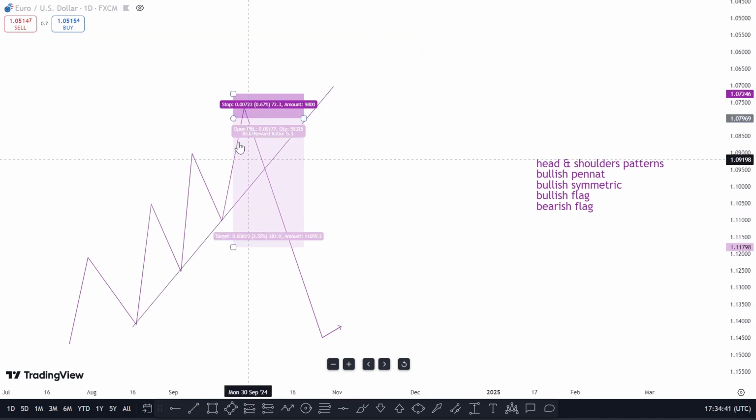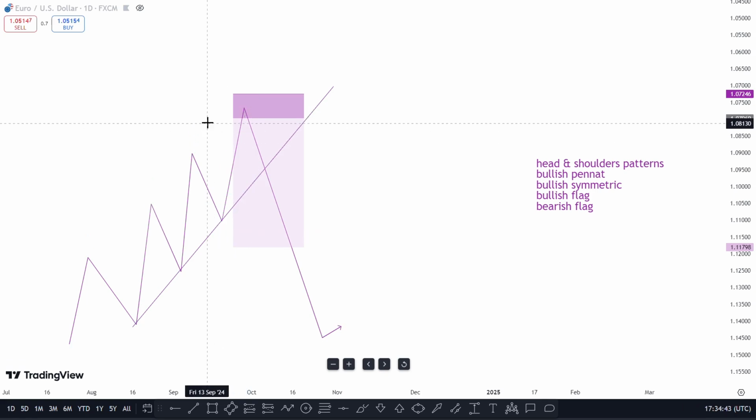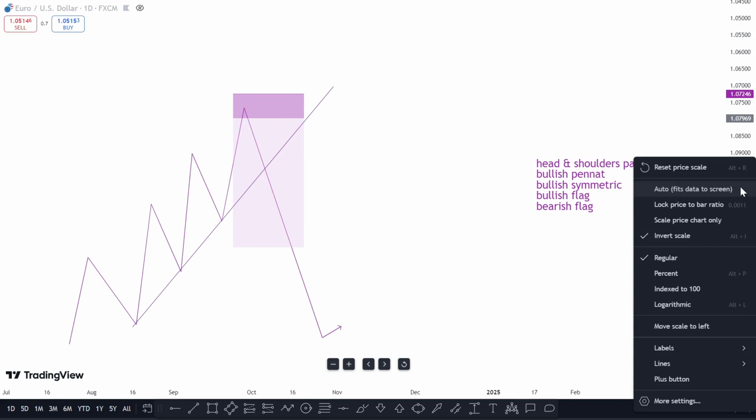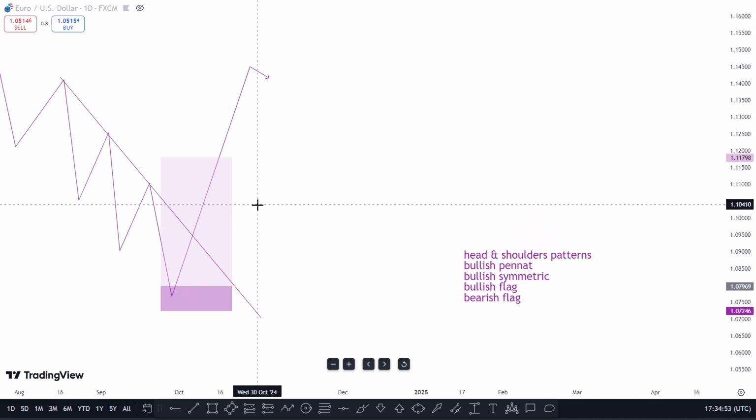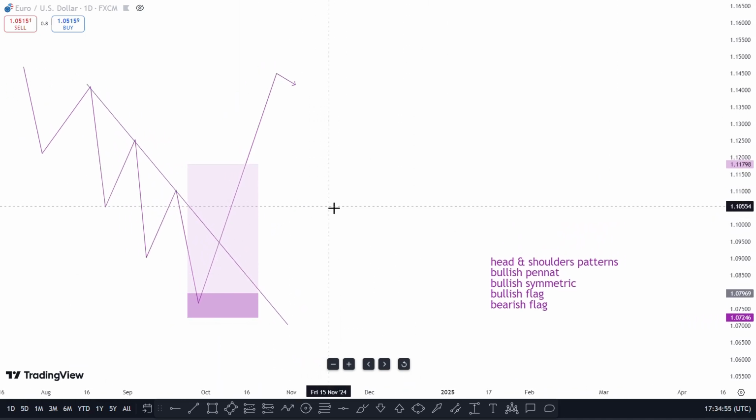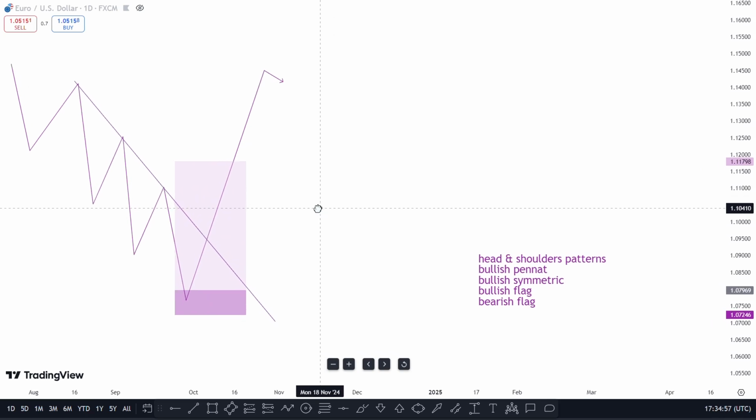You feel me? This type of entry is known as a sniper entry. Let me show you some more patterns to predict where the market is going to reverse.